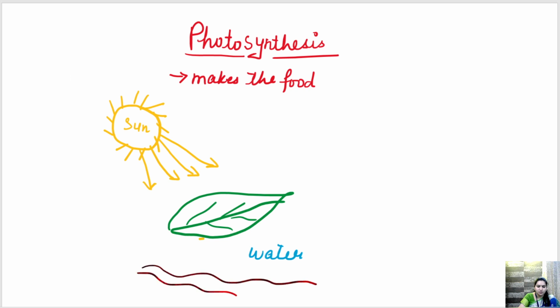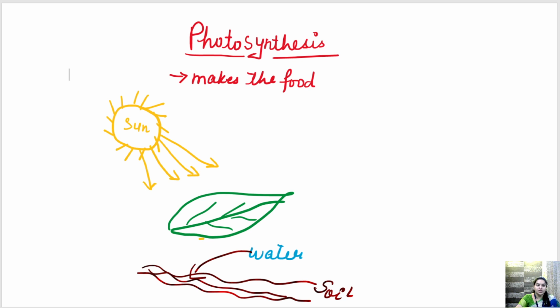Alright, so soil is present here, and in the soil water is dissolved. Okay, so leaf is getting water from the soil. Getting it?